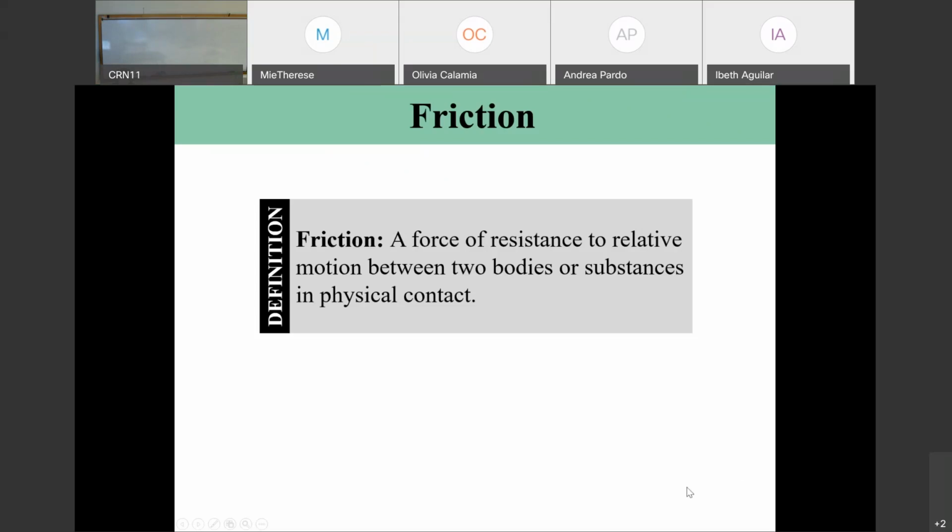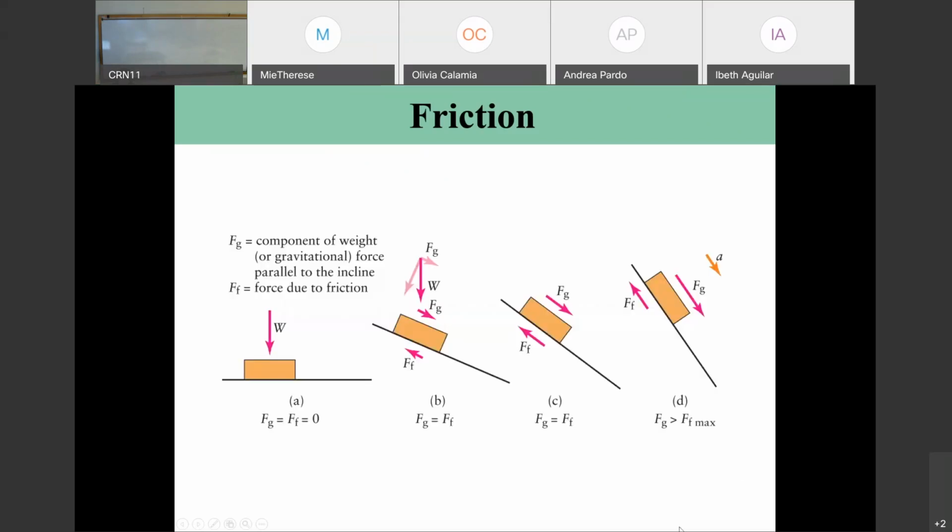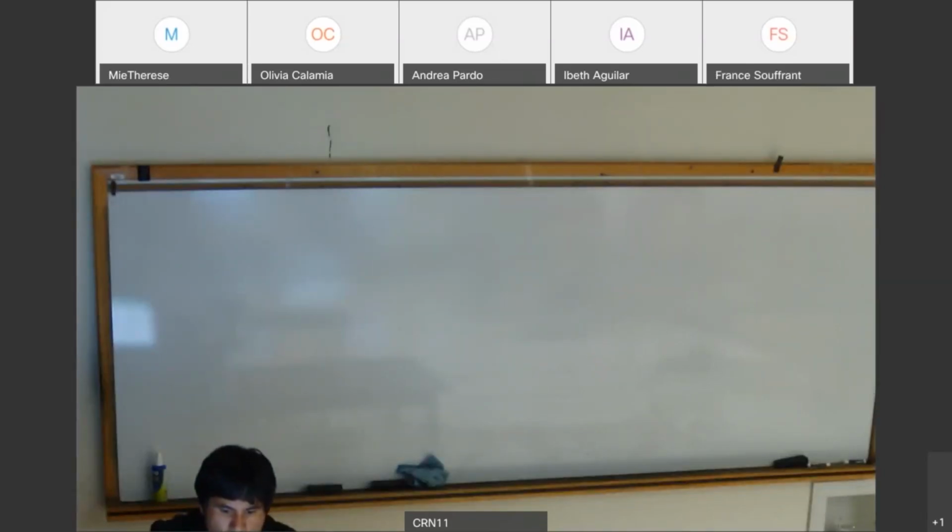So remember, if you look at this picture here, we have friction due to a body on top of a table. And actually, for this, let's use a whiteboard.